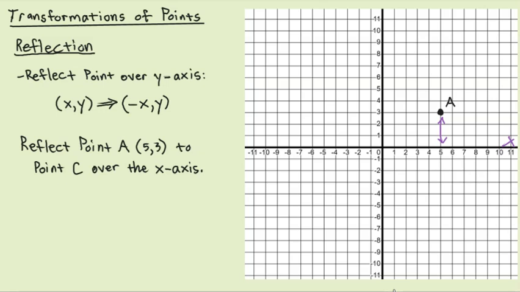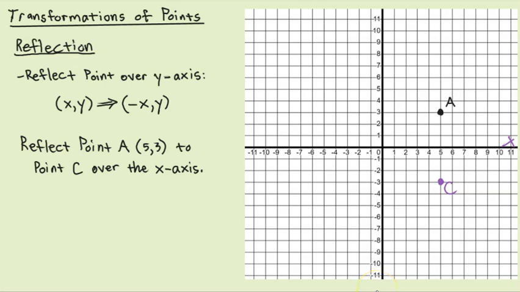So now from the same vertical line, right along the same vertical line, we're going to go 1, 2, 3, and this is going to be point C. You can see that it's the same distance to the x-axis as A is from the x-axis. And so we reflect A over the x-axis to point C.